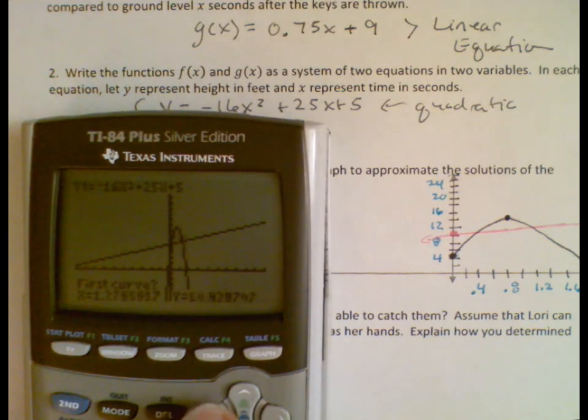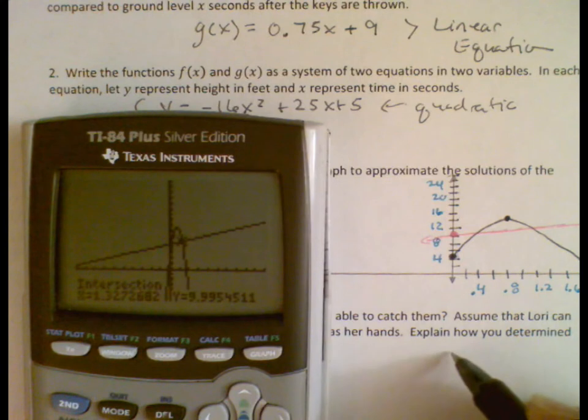Oh, there it is. And then you hit enter 3 times. So 1.3 would be one of my solutions.